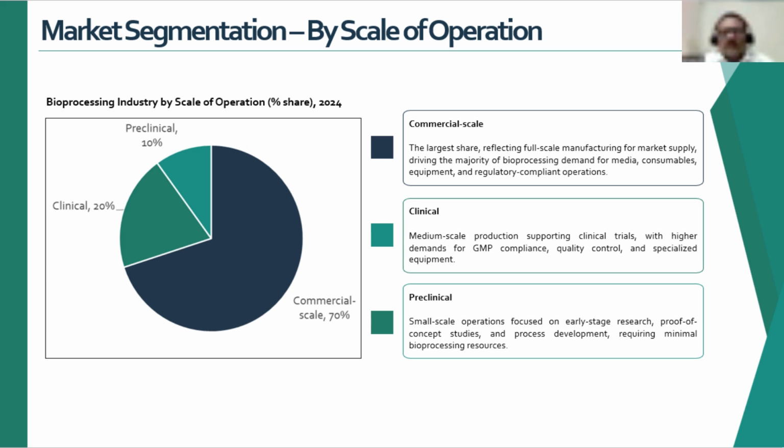Whereas clinical, medium scale production for supporting clinical trials and complying with GMP operations, constitutes around 20%, preclinical is very small scale operations on early stage research, mostly proof of concept studies, and requires minimal bioprocessing resources.